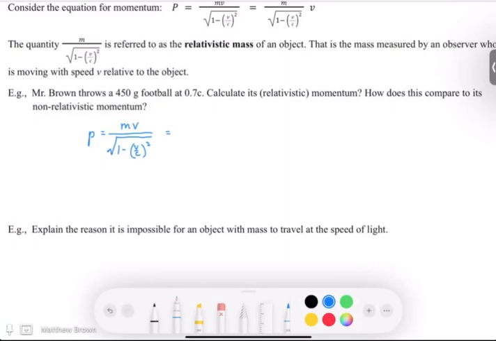And if we put in the numbers here, the mass, now again, anytime we get something like this, we can say this is the rest mass that we're actually given. So we can say 450 grams, that's 0.45 kilograms, and v, we're told, is 0.7 c.